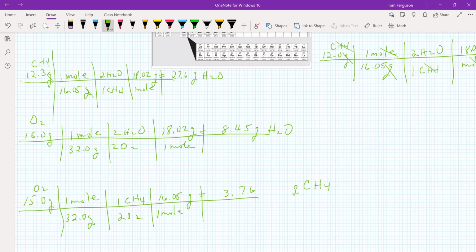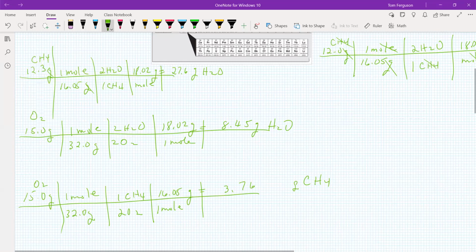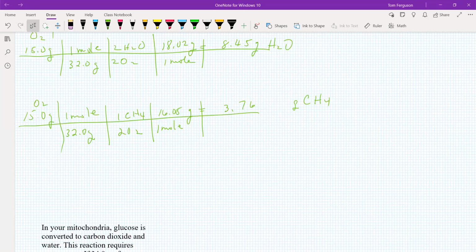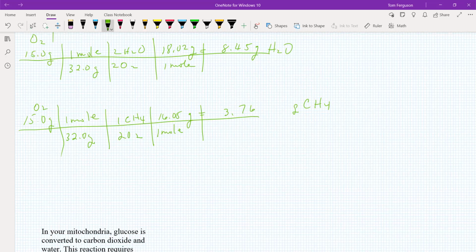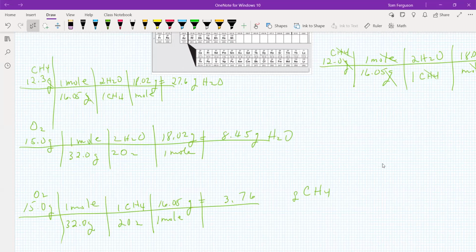So we're only going to use 3.76 grams of methane. But we had a whole bunch of methane. So how much do we have left over? So the last calculation, okay, we started with 12.3, of which we've used 3.76.